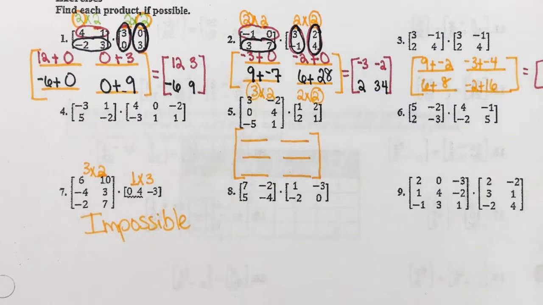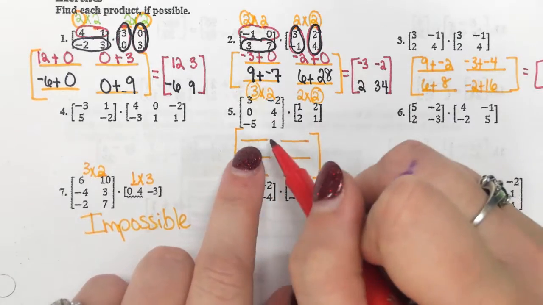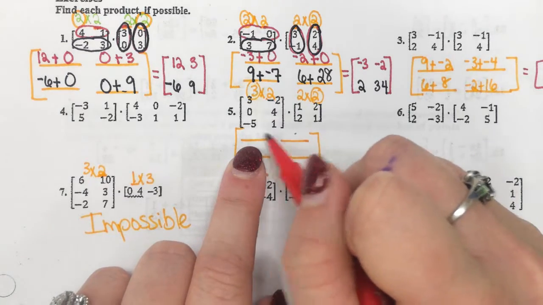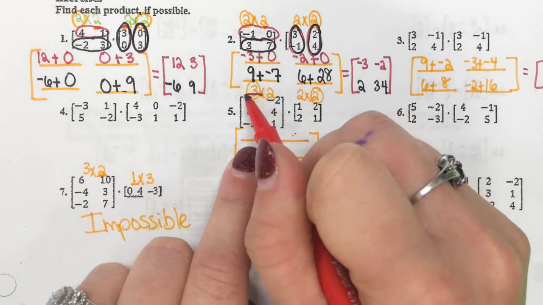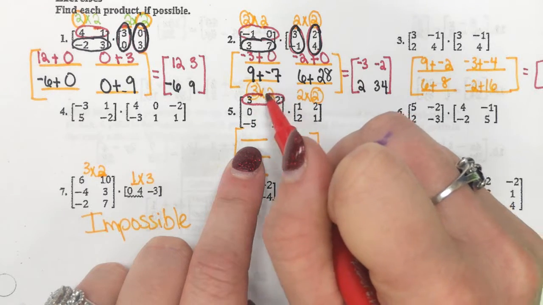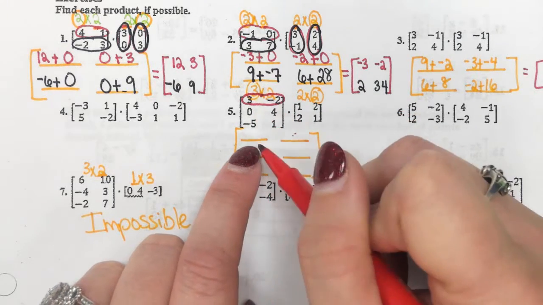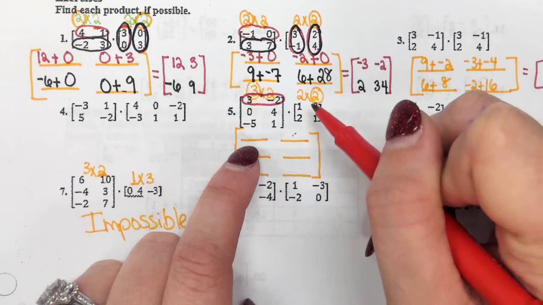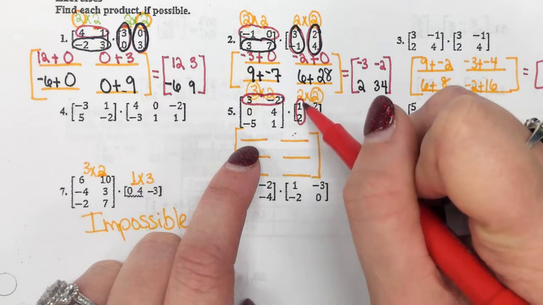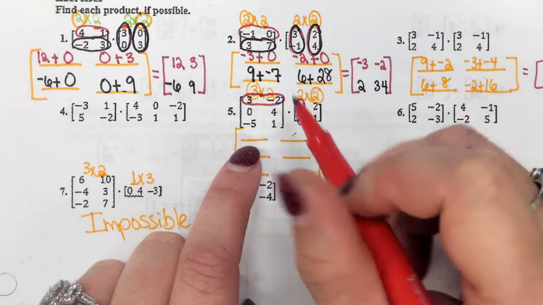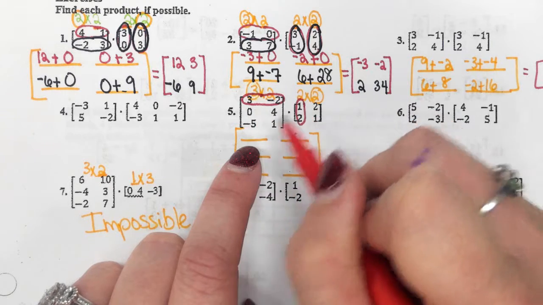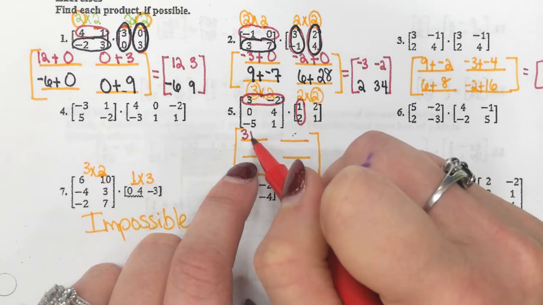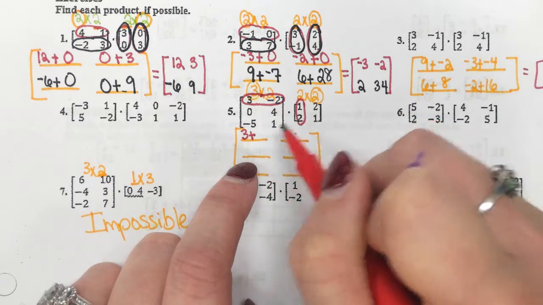Or do y'all want to go ahead and do number 5 since we started that one? All right, this guy right here is in the first row, so we're going to use 3 and negative 2. And he's in the first column, so we're going to use 1 and 2. So we have 3 times 1 and negative 2 times 2.